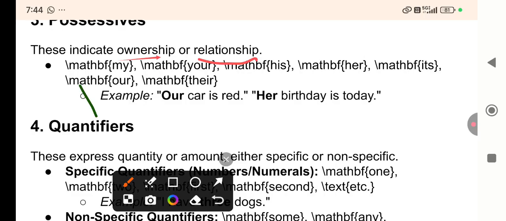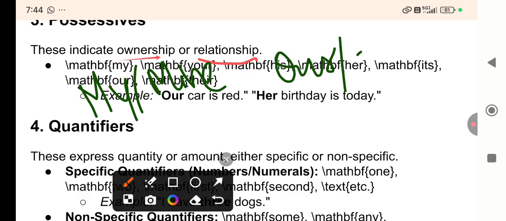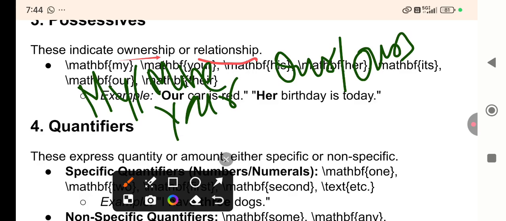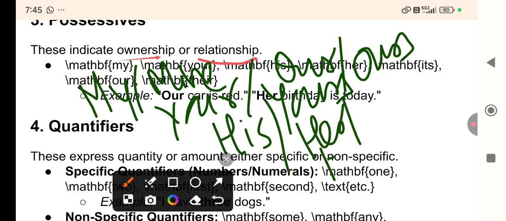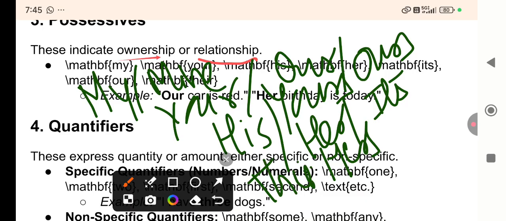So see, that's my and mine, then plural is our and ours, your never changes, you, your and yours, right? But that's singular and plural. Then his, not him, his, her or hers, then its, very common, its and theirs.